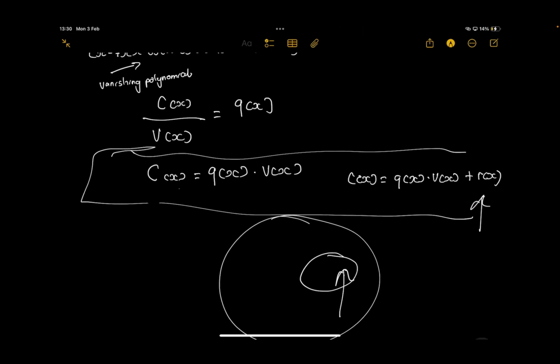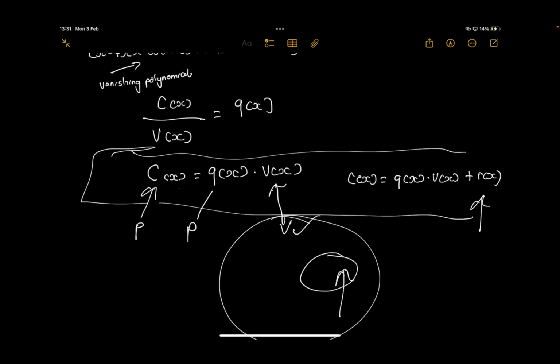Now the verifier doesn't have access to C of X, because it doesn't have access to the Fibonacci table. It was the prover that was filling that in. Likewise, the verifier has access to V of X, because he knows what he wants. So this one is with the prover, and this other one too is with the prover.